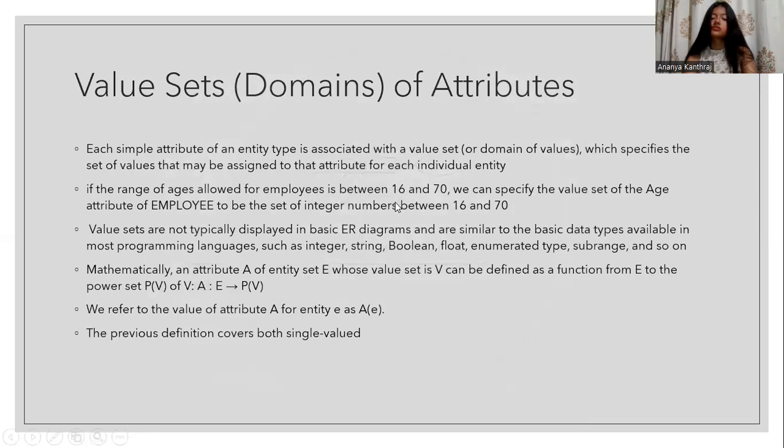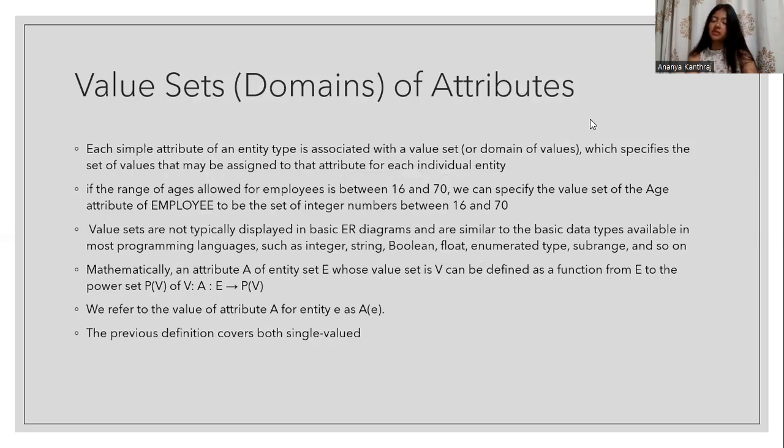Next, what are value sets, which are the domains of attributes? Each simple attribute of an entity type is associated with a value set, or a domain of values, which specifies the set of values that may be assigned to that attribute for each individual entity. If the range of ages allowed for employees is between 16 and 70, we can specify the value set of the age attribute of the employee to be the set of integer numbers between 16 and 70.